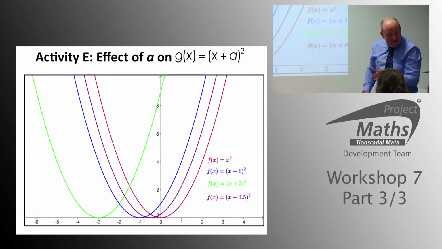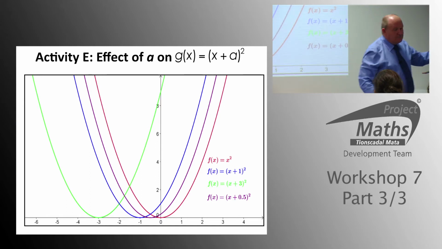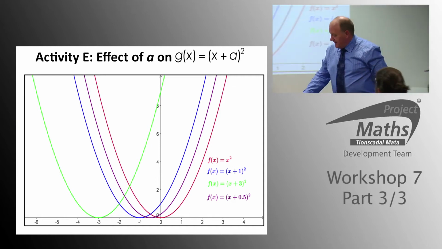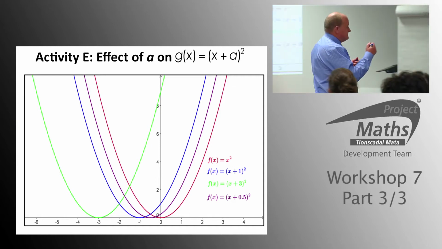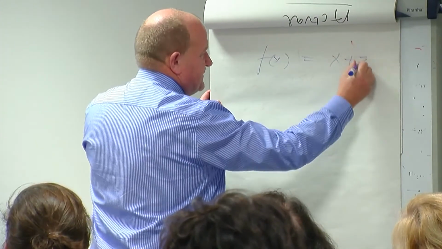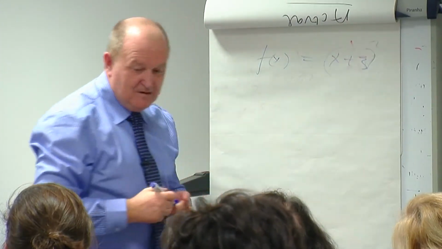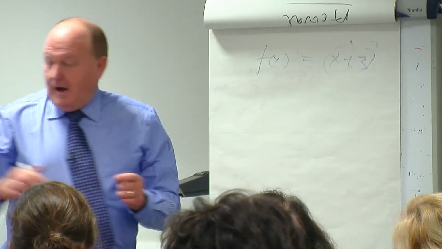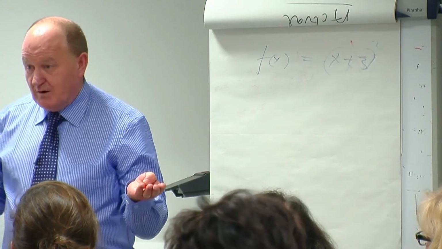Actually, probably a better way of explaining it in class would be that if you have f(x) equals (x + 3) squared, along the x-axis, y is 0.